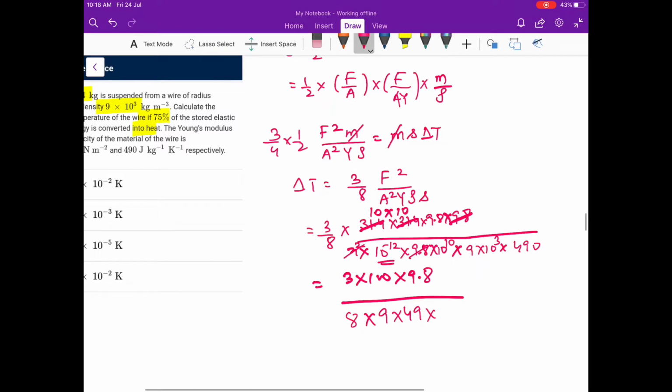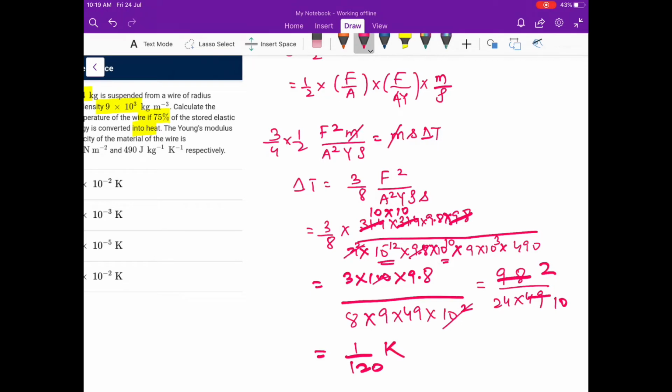This is minus 12, this is minus 2, this will become plus 1 plus 2. So it is 10 to the power 2, which cancels. Cancelling 9.8 and 3, 8 3s are 24 into 49. And again this is 2 times, this is 10 times, so this would be 1 by 120 Kelvin.